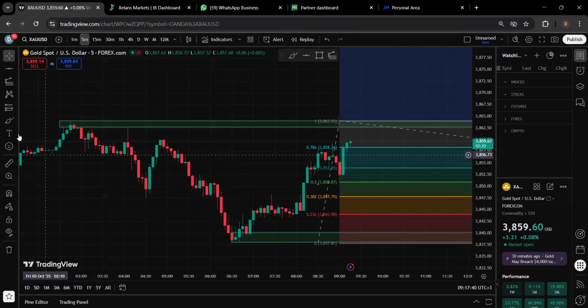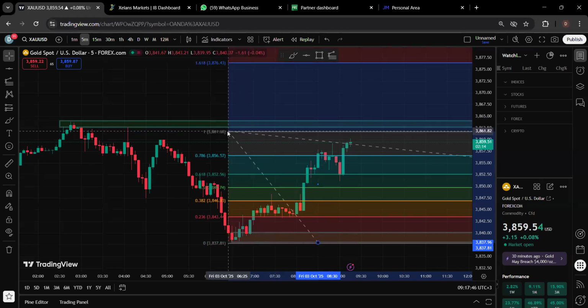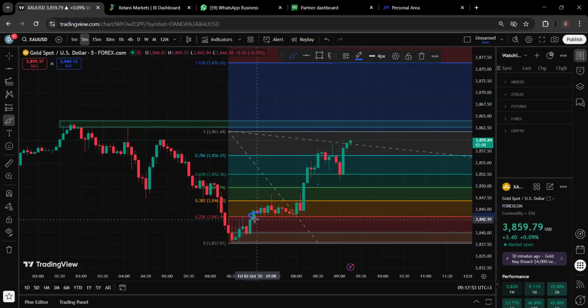If I extend this fib to my history, you can see previously consolidation here within these two lines. There was also consolidation here. You can see the market reversing here, and reacting here. So we're expecting the market to react where? Here.